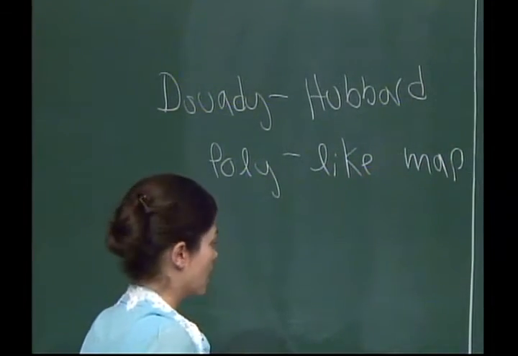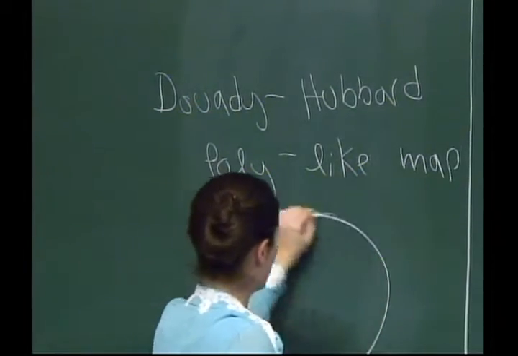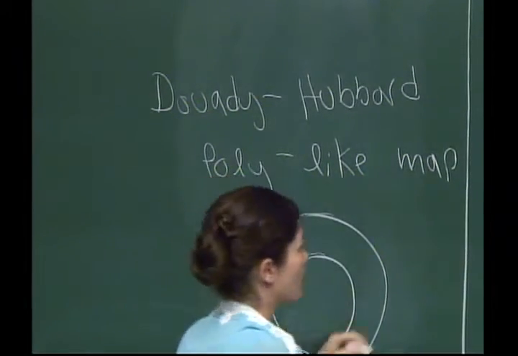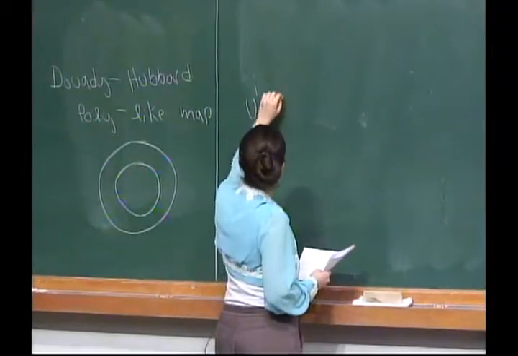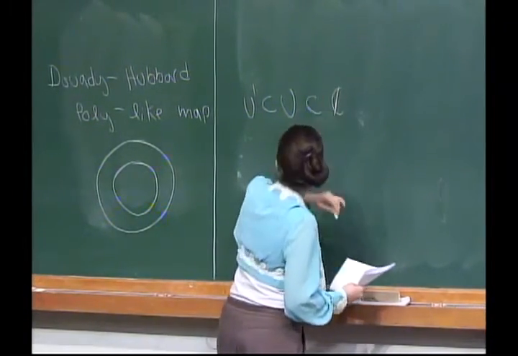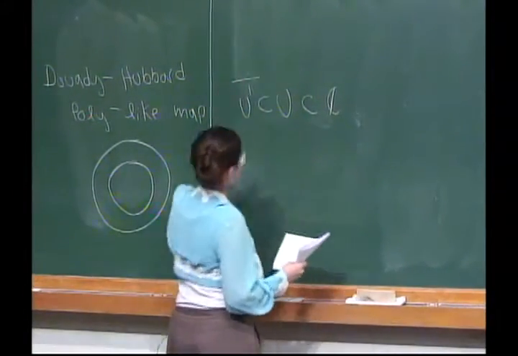So basically, you just have two disks in the complex plane. So you have U prime containing U. They're both topological disks. It's compactly contained, in fact.